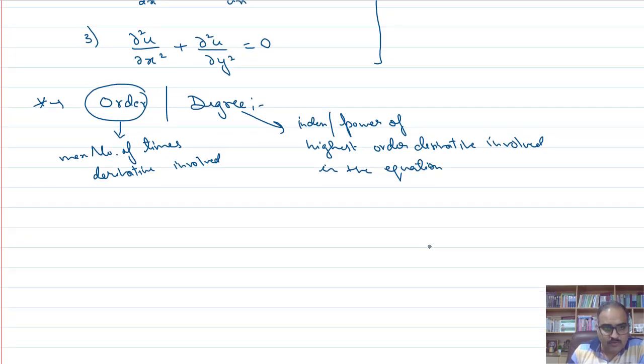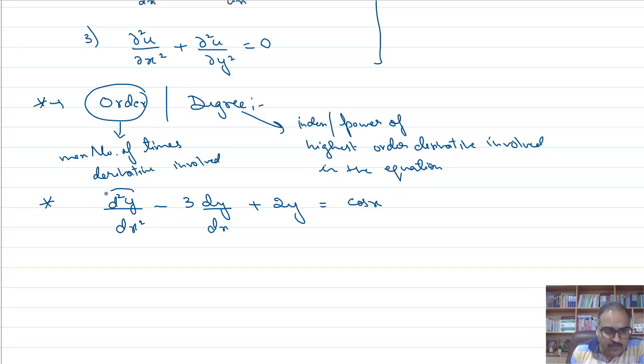Okay, so we will take an example. Let us suppose we have d2y by dx square minus 3 dy by dx plus 2y is equal to cos x. Now this differential coefficient is of second order, and this one is of first order.